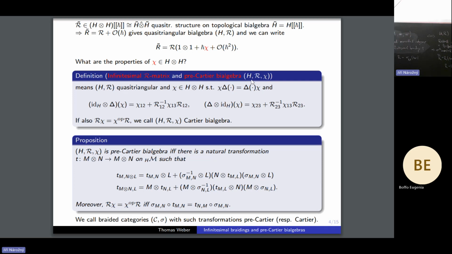And the first one is just telling you that T is a morphism of left H modules. If you ask something more, namely that R chi is the same as chi R, then we call the triple even a Cartier bialgebra. This is how you get rid of the pre. And on the level of modules, this corresponds to sigma commuting with T. So I can move it to the other side. Okay, I think this is what I wanted to say here.